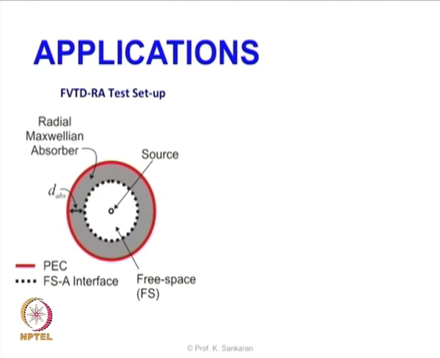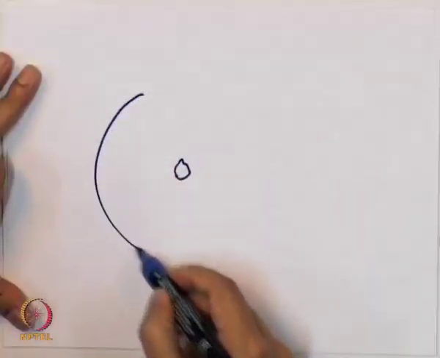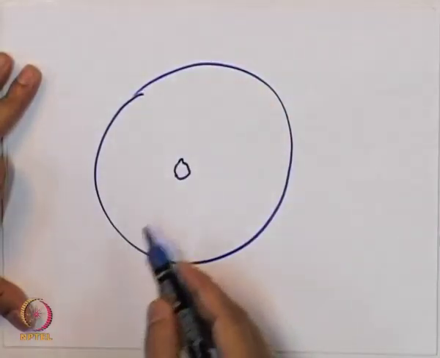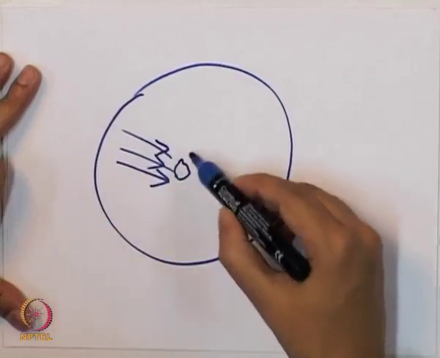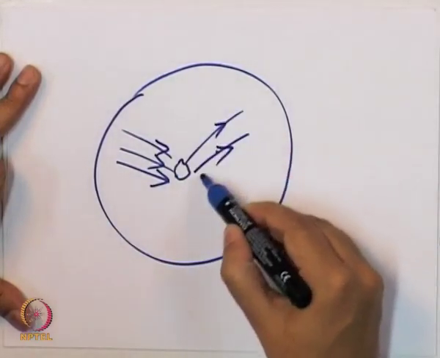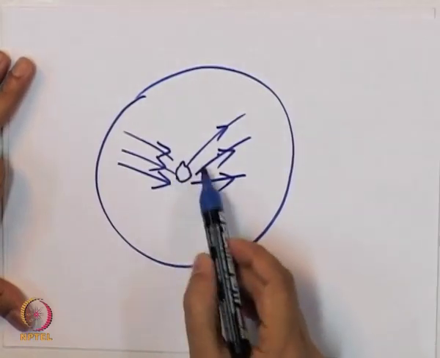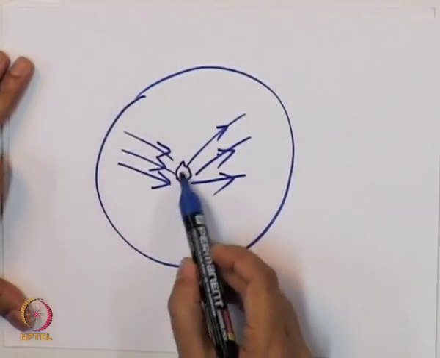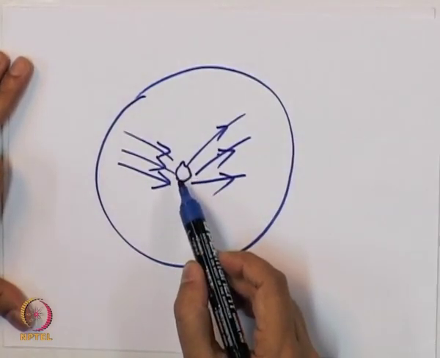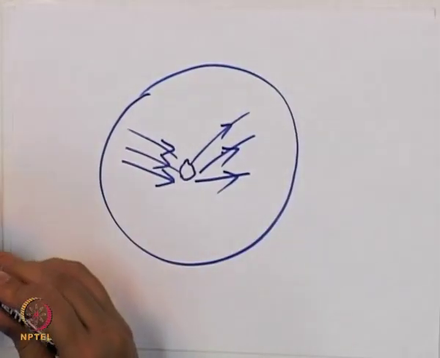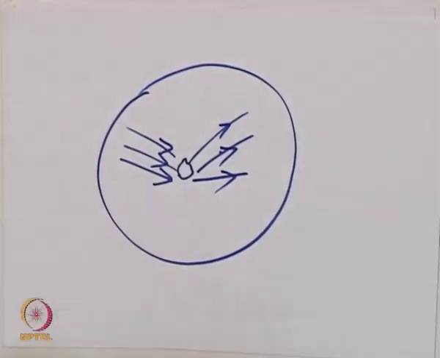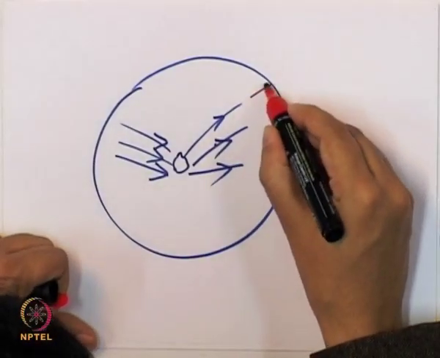So again, this particular point can be a source, or let us say you have a plane wave coming. The position of the source or the scatterer is going to be very critical, because it is going to change the way in which the radial PML sees incoming waves.